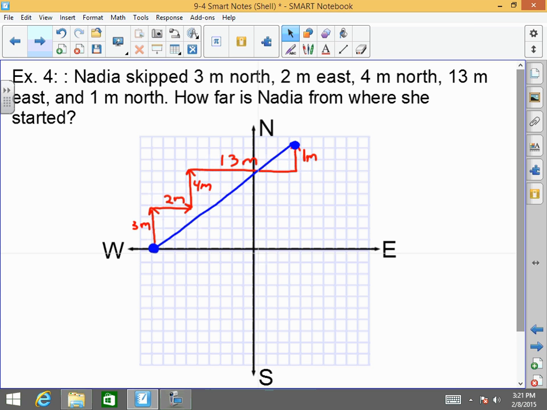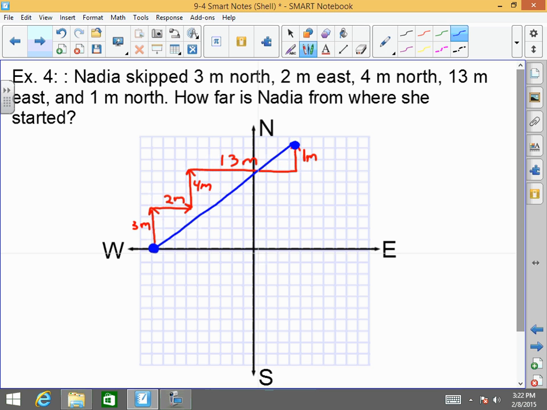Now, we could use, I guess, the distance formula, but then we got to figure out exactly where she started. We have to use exact increments and find the ordered pairs. But we could do that. But a better way, a cooler way in my opinion, is to create a right triangle here.